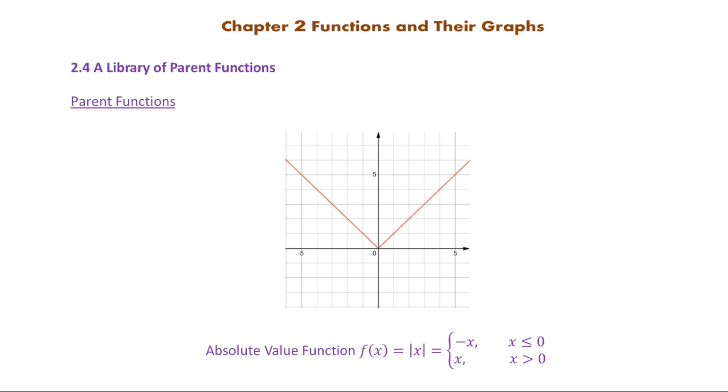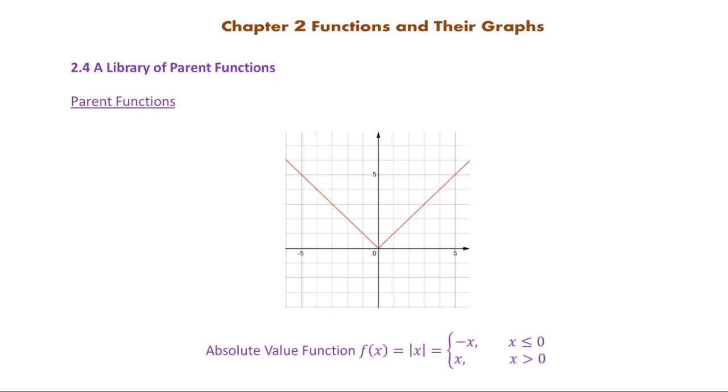For example, f of negative 1 is equal to 1, but you can also rewrite it as negative of negative 1, because we want to express the function in terms of x. Since x is negative 1 here, we need to put another negative sign in front of negative 1 to make it a positive 1.